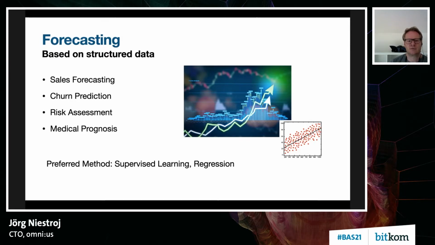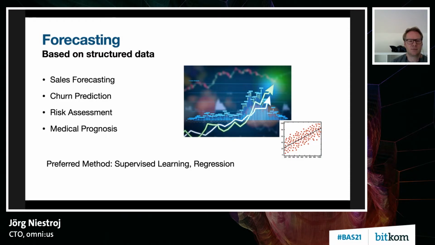The first category for me is forecasting. A lot of AI models are doing forecasts, for example, revenue forecasting or sales forecasting, churn prediction. So if you lose your customers, and predict it so that you can contact them upfront, or risk assessment for new customers or new projects, or medical prognosis.